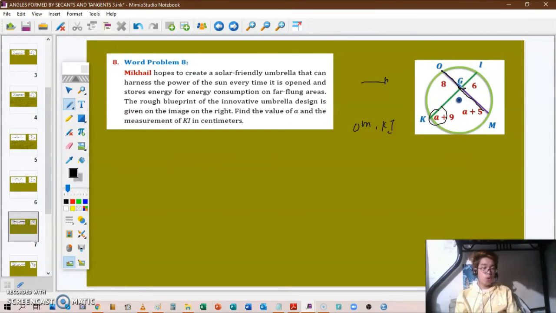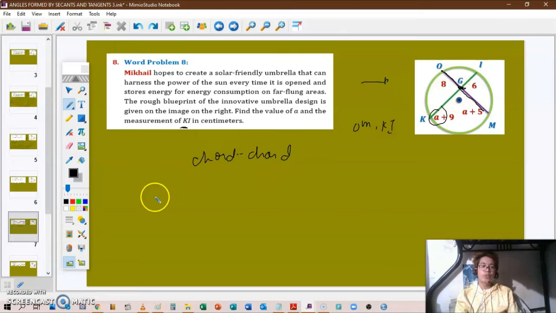Okay, so how do we solve for the value of KI? For this one, for KI in centimeters. Okay, so this is for the umbrella. So to do this, let's try to remember the formulas and the theorems that we have. Okay, so if it's a chord power theorem problem, then most likely we're going to take the smaller segments that we have here on the image.